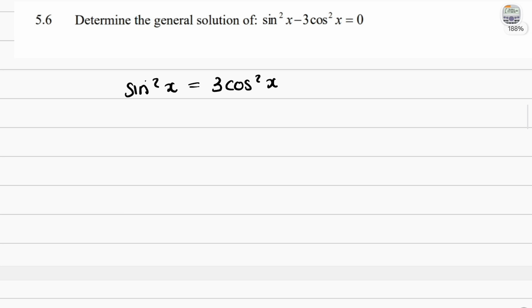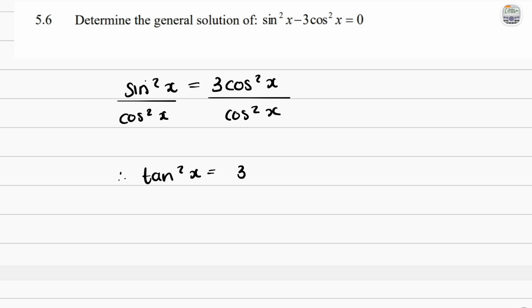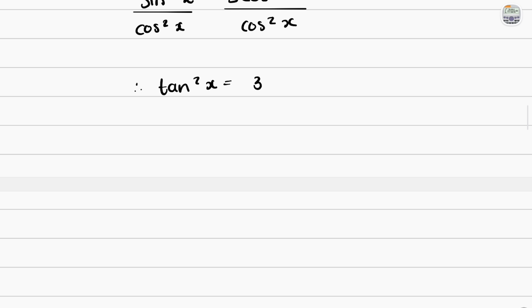And now to create tan squared x, we can simply just divide both hand sides by cos squared x, okay? Because sine over cos is tan. So cos squared x on both hand sides. And now we have tan squared x is equal to 3. And then to solve for tan x, you would square root both hand sides.